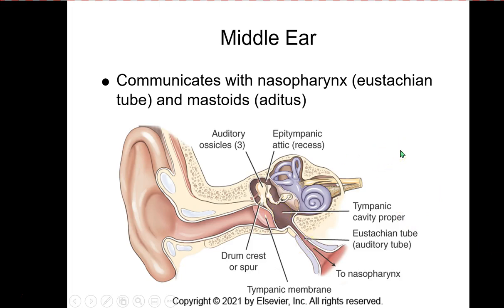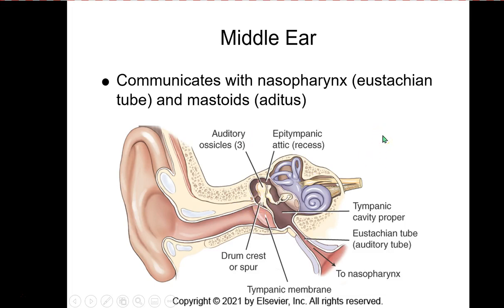The area above the level of the EAM and the eardrum is called the attic, or the epitympanic recess. So that would be this area. The tympanic membrane is attached to a sharp, bony projection known as the drum crest or spur. And you can see that attachment here.